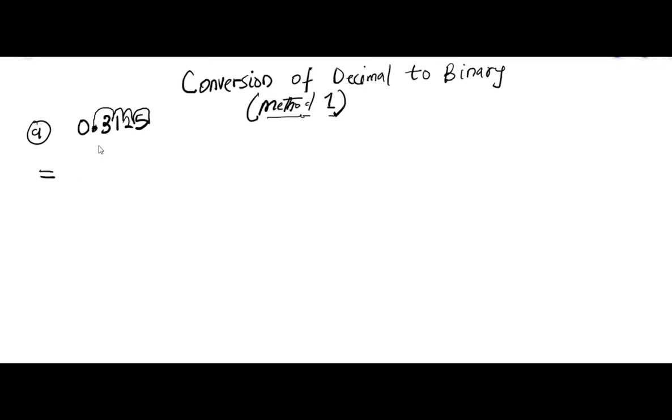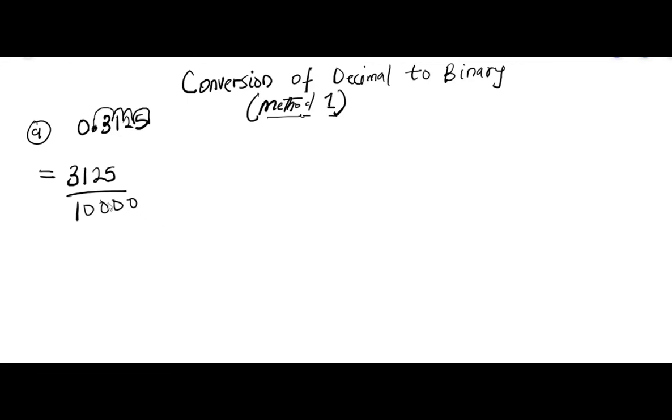So 0.3125 simply in fraction is 3125 divided by 10,000, because you flip this 1, 2, 3, 4. That is 4 places.